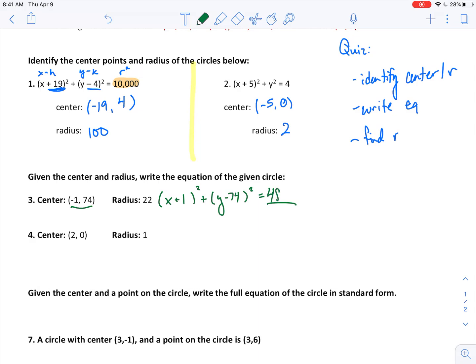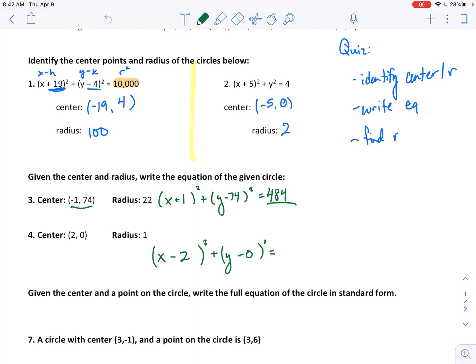So the center's at negative 1, 74. So negative 1 becomes plus 1, 74 is minus 74. And for r squared, we're going to take 22 squared, which is 484.